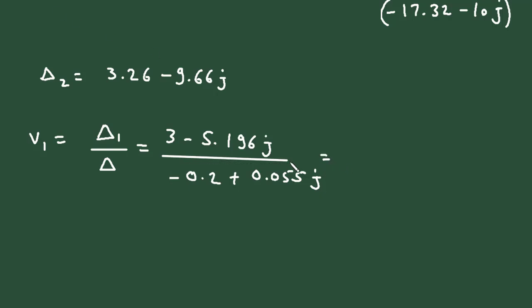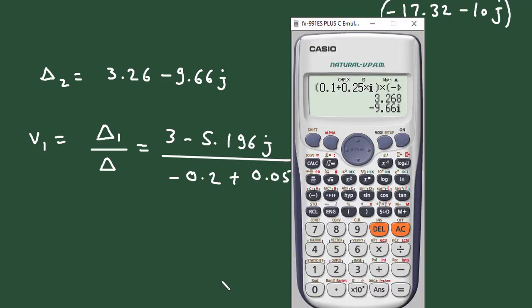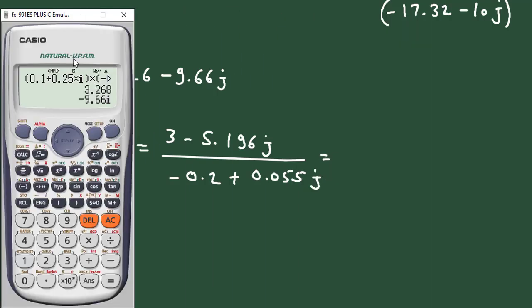Now it is equal to 3 minus 5.196 into j divided by minus 0.2 plus 0.055 into j.